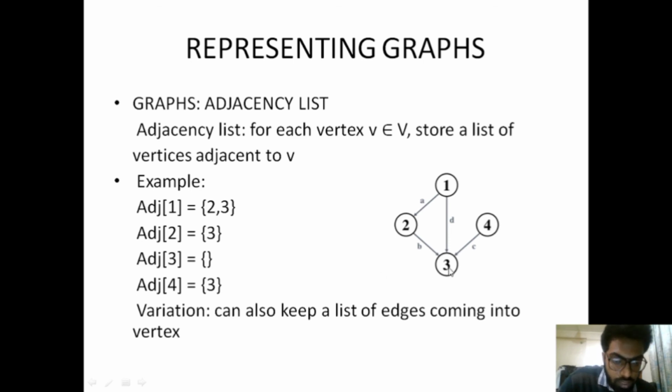In vertex 3 there is no edge, so in list 3 we can see empty there, because there is no outgoing edge.